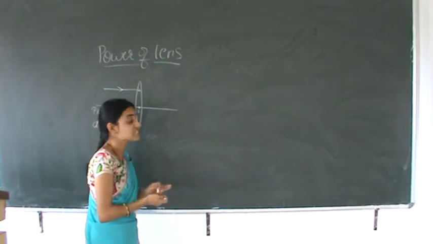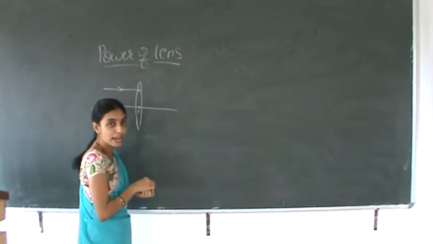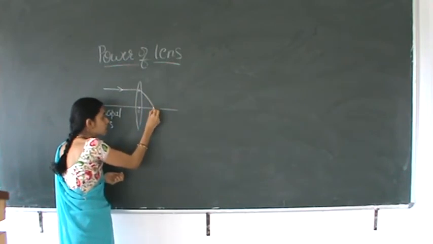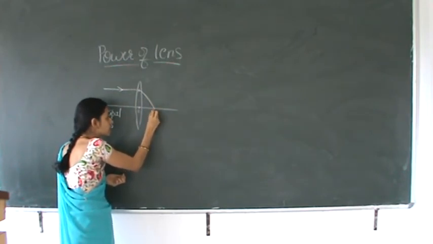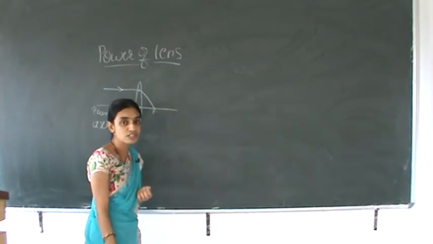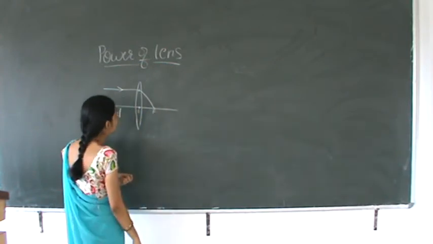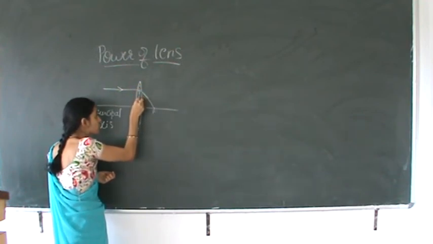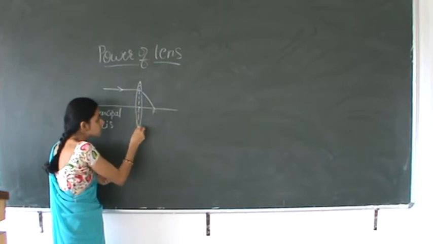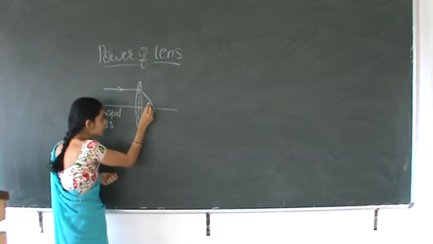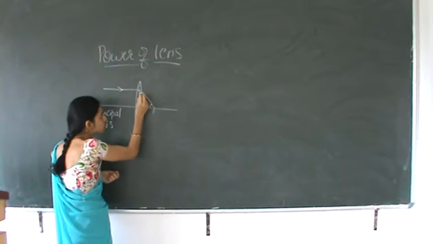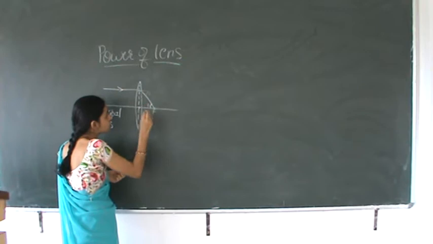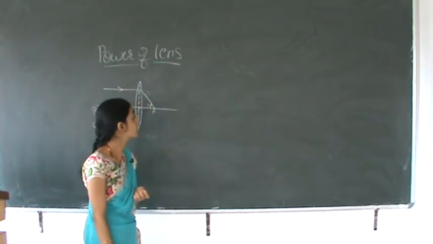Whenever a ray of light is incident parallel to the principal axis, it passes through the principal focus on the other side of the lens. Let this angle be theta.